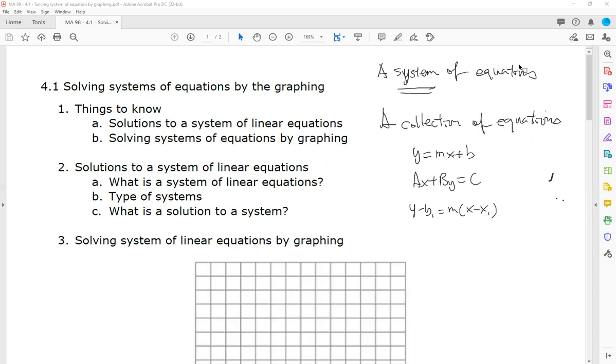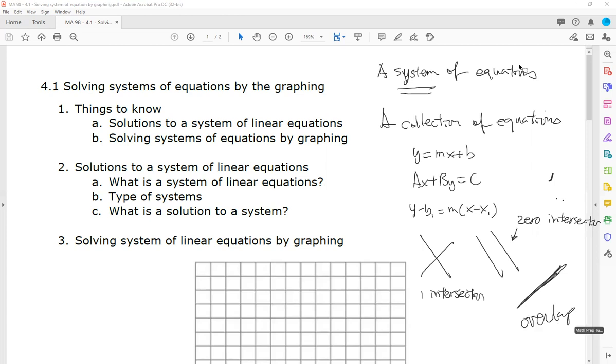Now, the way we define the type of system is by how many intersections the lines have. Which means when you draw two lines, you could have one intersection, no intersection, or zero intersection, or the last one, overlap.